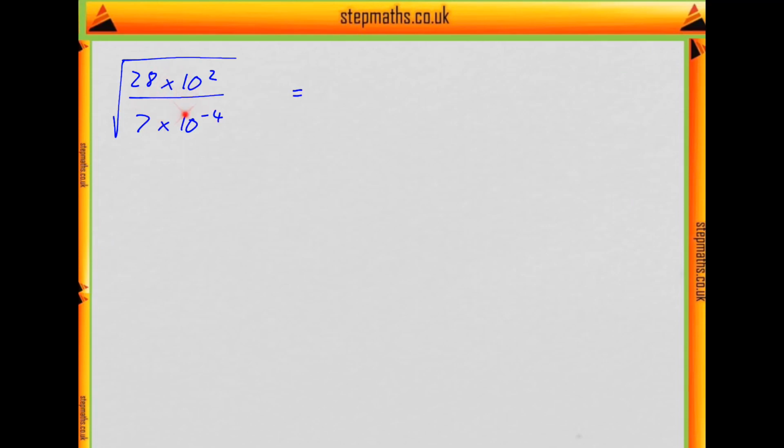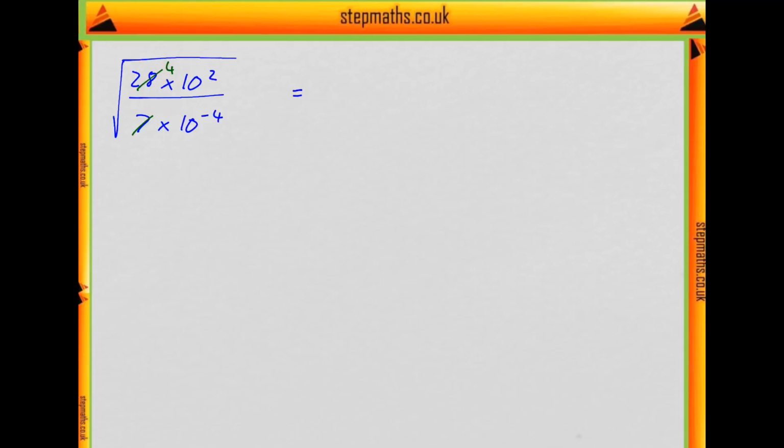We can actually make this division easy for ourselves. Can you see how to do that? Well, firstly we can think about the numbers and then the powers of 10. The number 28, you might recognise it. It's a multiple of 7, and we've got a 7 on the bottom as well. So that means we can cancel, and 28 is 4 times 7, so we just get a 4.